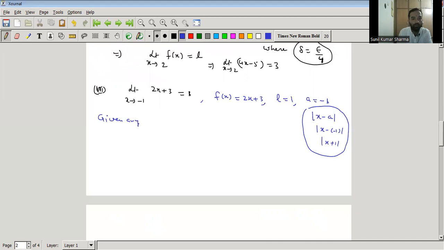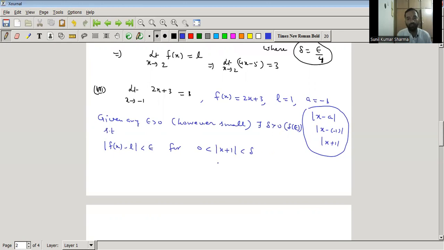Given any epsilon greater than 0, however small, there exists delta greater than 0, delta depends upon epsilon, such that mod fx minus L is less than epsilon for 0 less than mod x plus 1 less than delta.